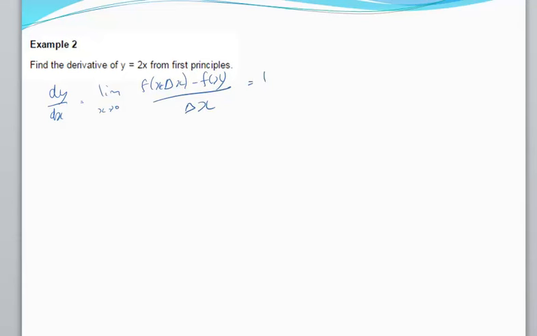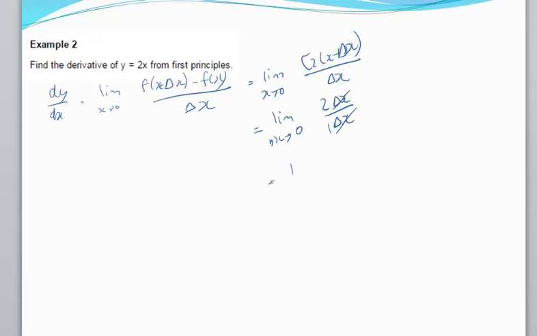That is the limit of 2 times x plus delta x, minus 2x, divided by delta x, which is the limit as delta x approaches 0 of 2 delta x divided by delta x. Keep going: delta x divided by delta x cancels, so it will be the limit as delta x approaches 0 of 2. And so our derivative will be 2.